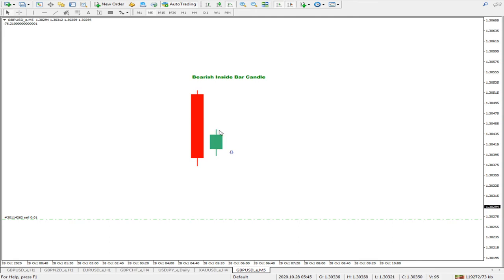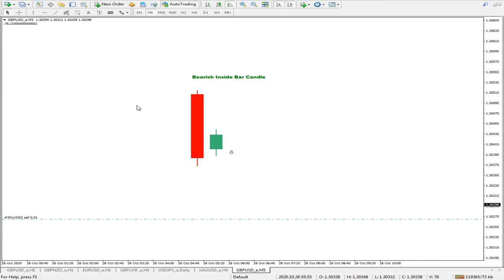So if the high of this candle is lower than the high of the previous one, the low of this candle is higher than the low of the previous one, and the body size of this candle is smaller compared to the body size of the previous one, and the body itself is inside the body of the previous one, then this becomes a bearish inside bar candle. As I've said, what that simply means is that we are heading to the lower side.